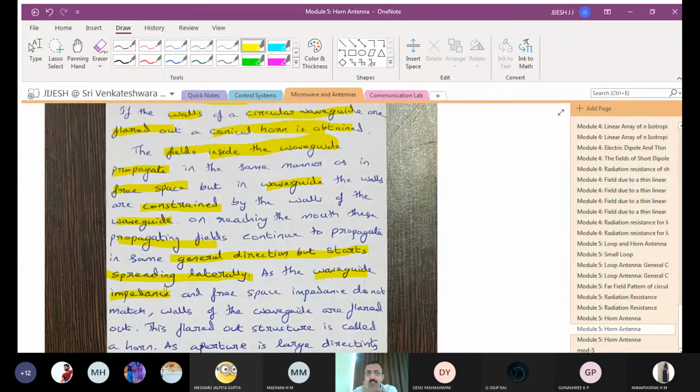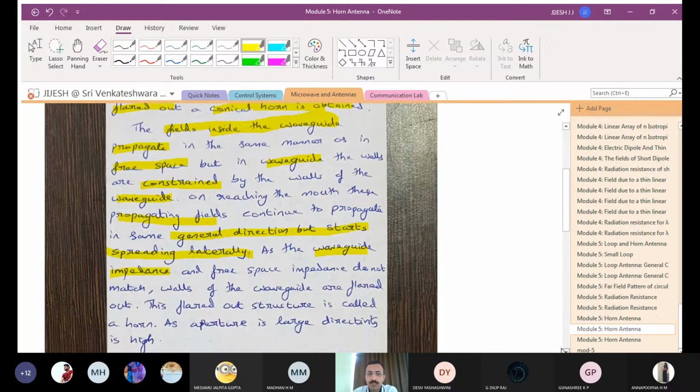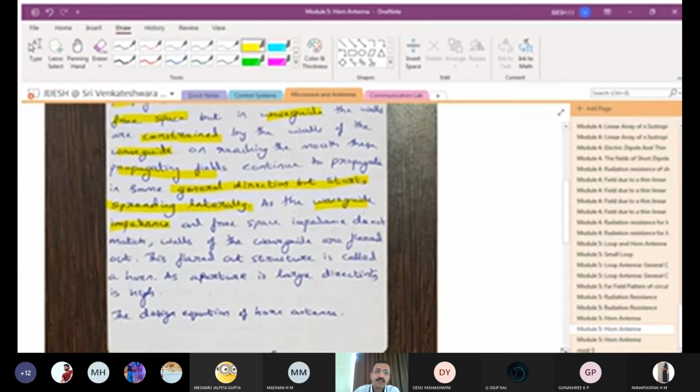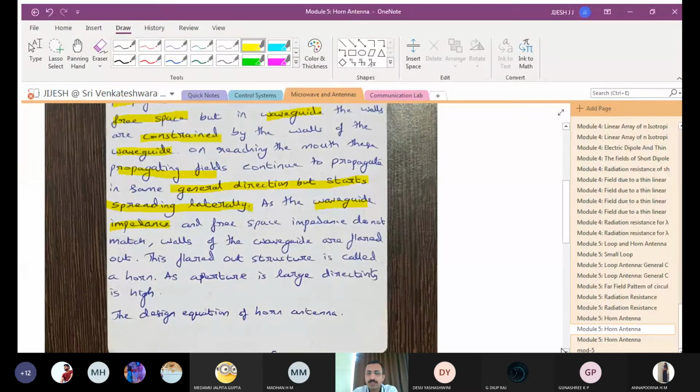These are some of the properties the horn antenna will have, and you can consider the direction at which the signal transmits. As the waveguide impedance and the free space impedance do not match, the walls of the waveguide are flared out. You can see that the walls are this portion.